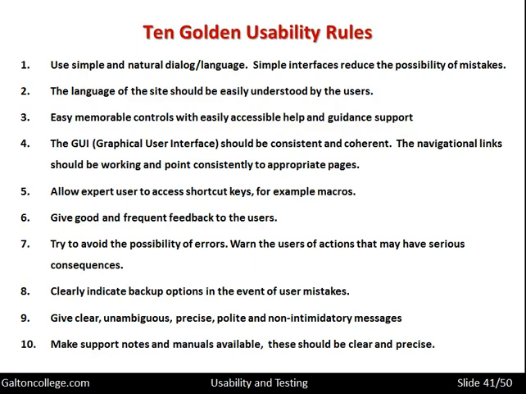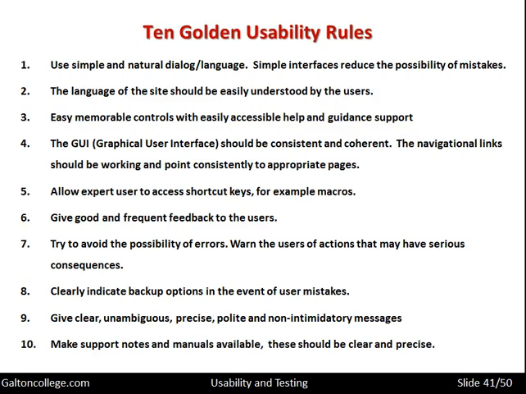Secondly, the language of the site should be easily understood by the users. Thirdly, easy memorable controls with easy access and help and guidance support. Number 4, the graphical user interface should be consistent and coherent. The navigational links should be working and point consistently to appropriate pages.